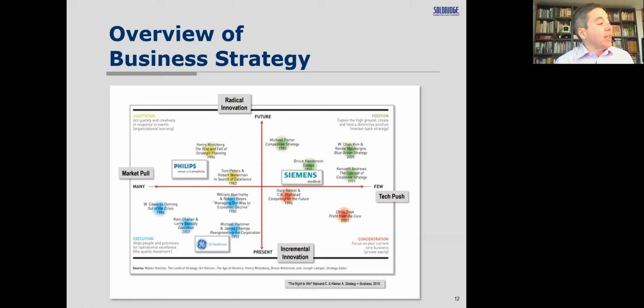So that's in the execution category. And then the Dutch conglomerate Philips is very consumer driven and adapts and creates different products based on the market pull. And so Philips would perhaps be considered more of an adaptation strategy. So this is on one page an overview of most of business strategy. And again, using a 2x2 matrix to elucidate that.